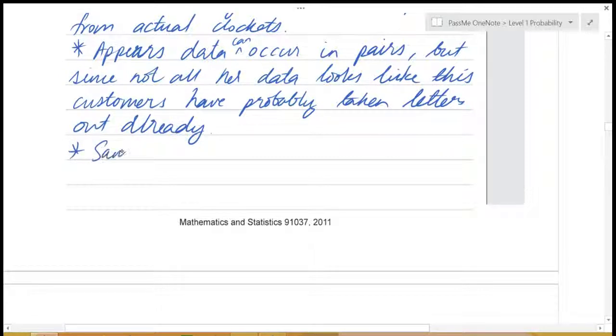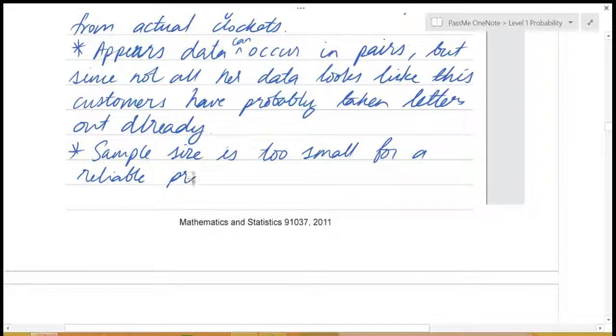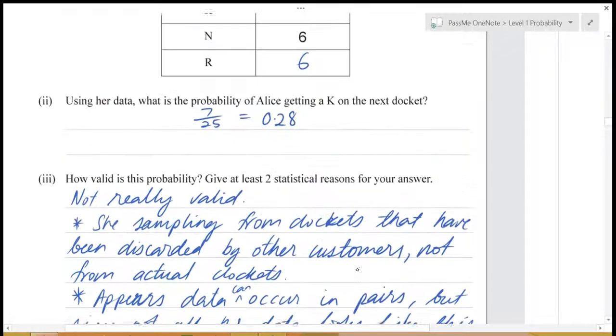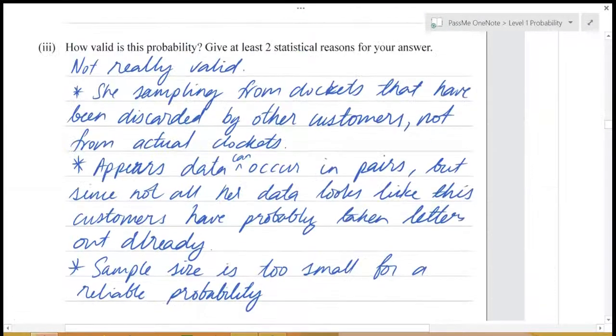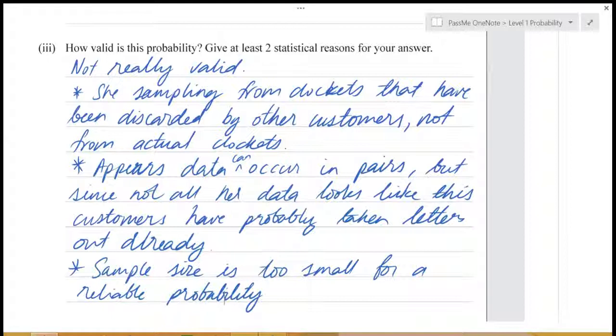So sample size is too small for a reliable probability. So we really want to make sure that we're sampling more than 30 when we're running any kind of statistical measure.